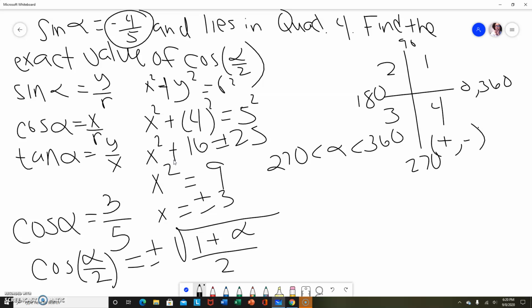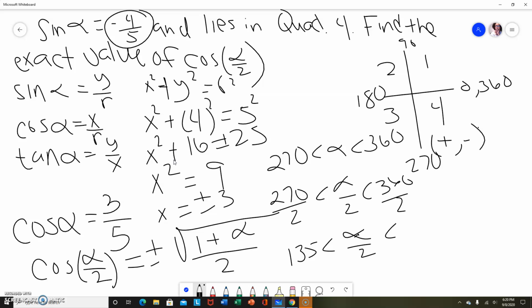Well, if I want half of this, so it's going to be 270 divided by 2, alpha divided by 2, and 360 divided by 2. So that's 135 and 180. And so that looks like it is in quadrant 2. So from 135 to 180 is in quadrant 2.